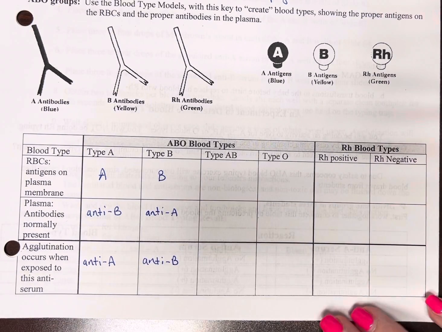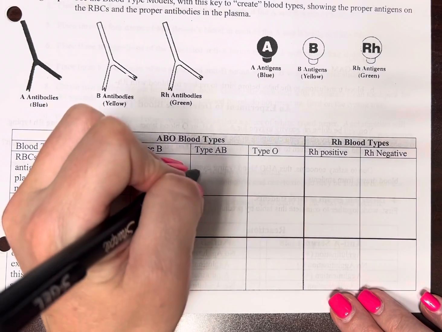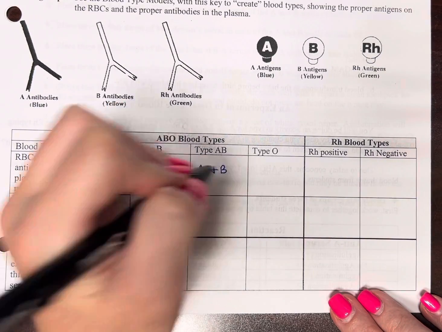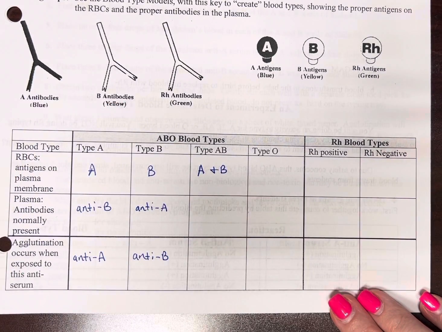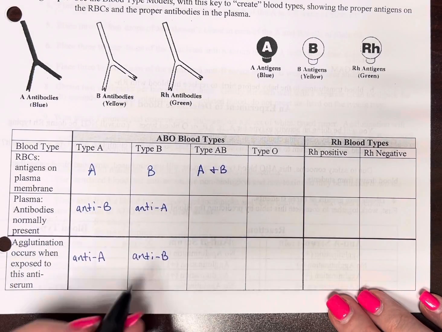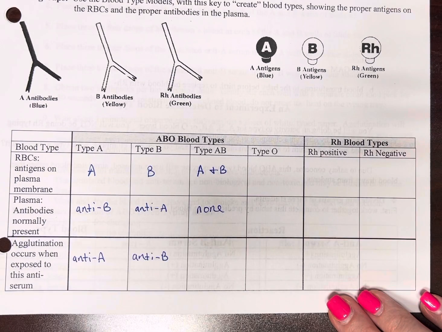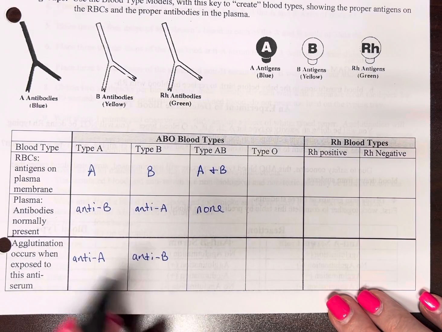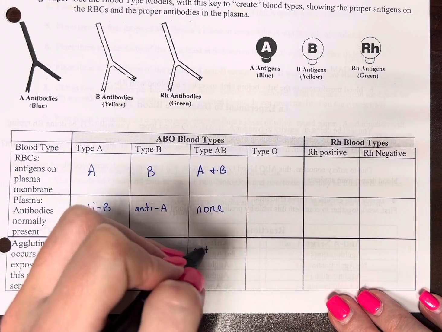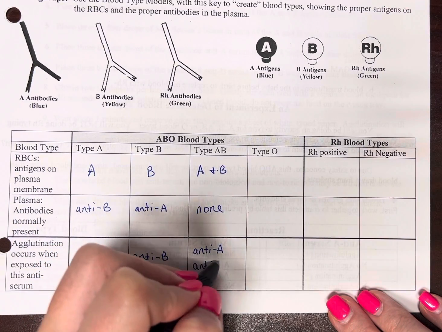That's what's going to show the clumping. Now, type AB has both A and B antigens. So in order to not react with itself, it's going to have none of these antibodies. Now when we run a blood typing test, it's going to react with both anti-A and anti-B.